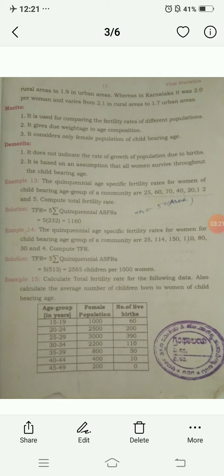The TFR formula is 5 into the summation of quinquennial ASFRs, age specific fertility rates.